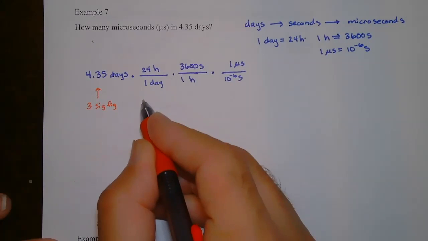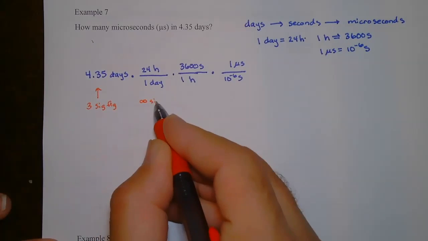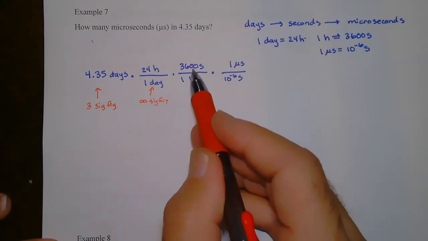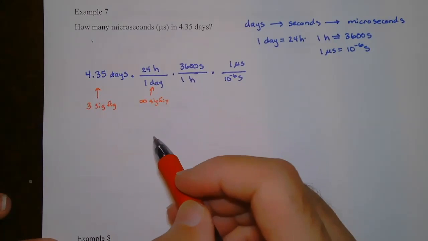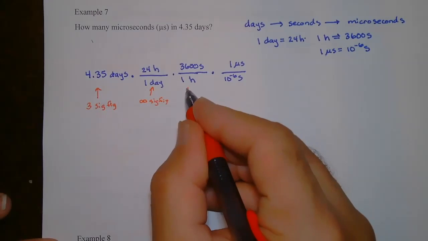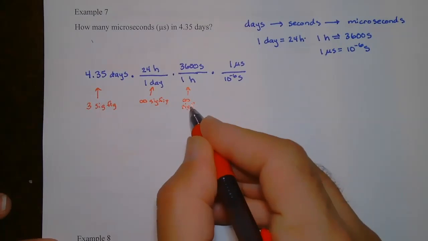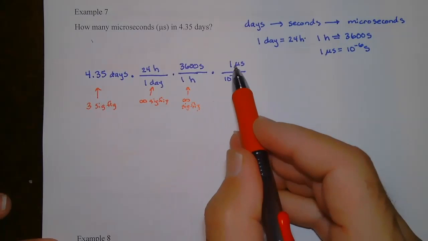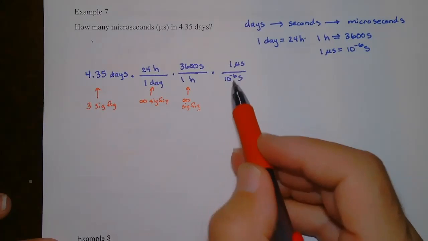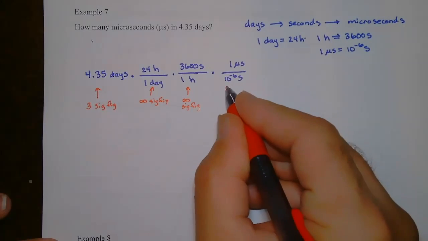This has infinite sig figs. 1 hour is exactly 3,600 seconds, so that's infinite sig figs. And 1 over 10 to the -6, that's also exact, so that's infinite sig figs too.